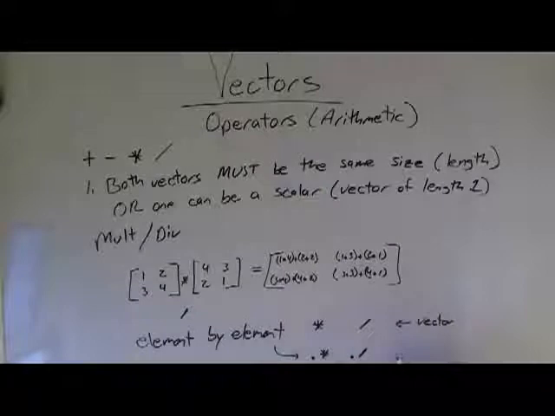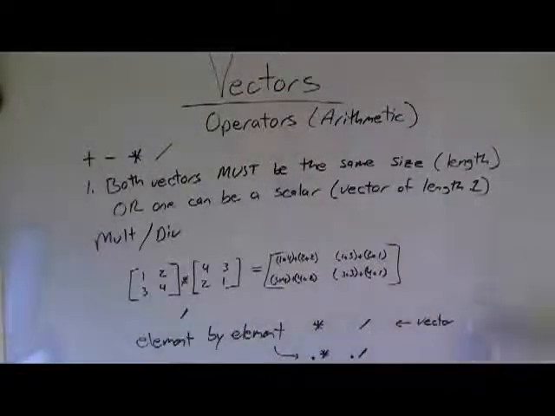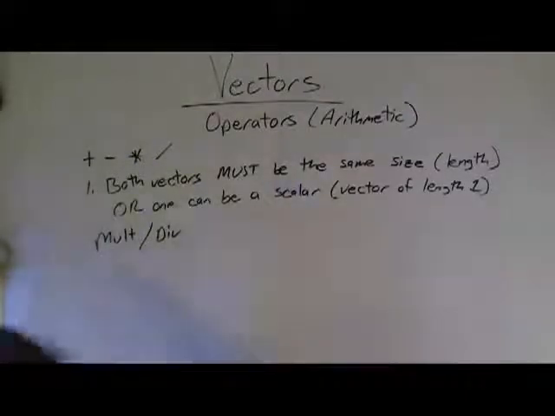So right now, in terms of what we're doing in the program, let's make sure that we use a dot in front of the multiplication and the division symbol. And if we do that, we'll get element by element multiplication and division, just like we have element by element addition and subtraction. Okay, so let's see that in action, which is really straightforward once you grasp that.